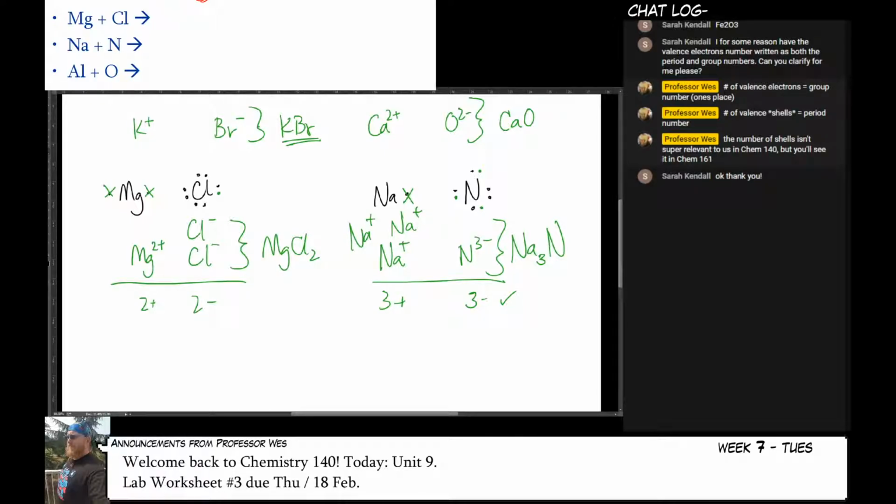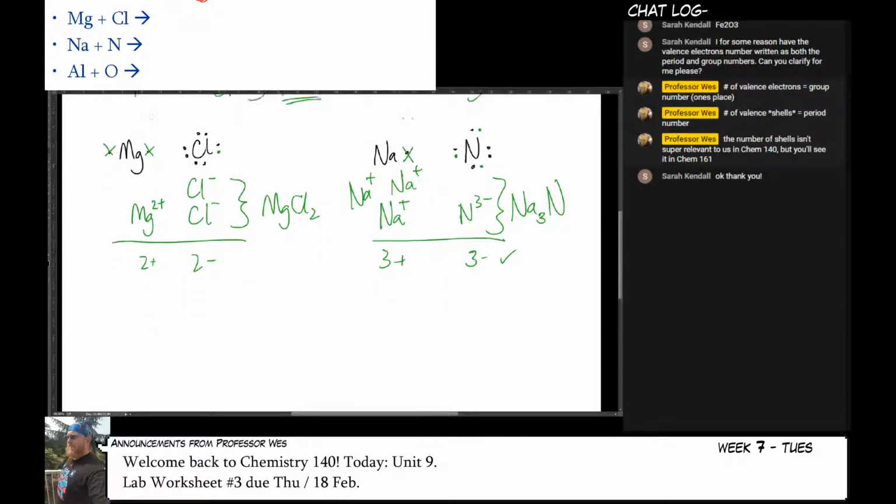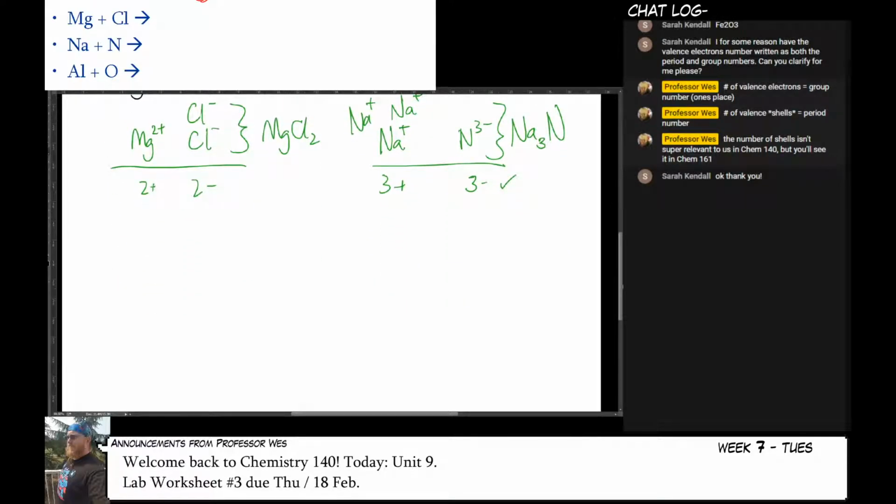All right, and then the last one here, we got aluminum and oxygen. Oh, if my pen would stay on the screen here. Aluminum has 3. Oxygen has 6 valence electrons. I'm going to make an octet by crossing these ones out. I'll make an octet over here by adding 2.